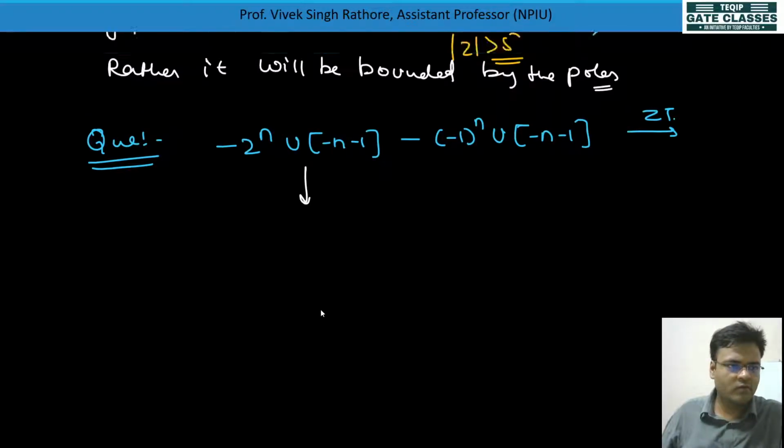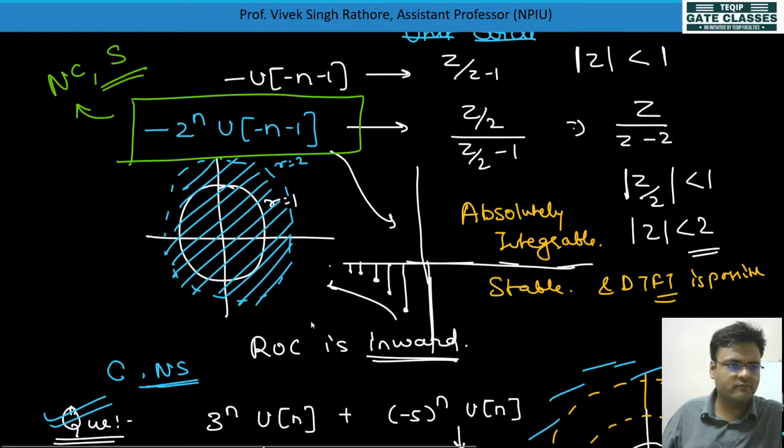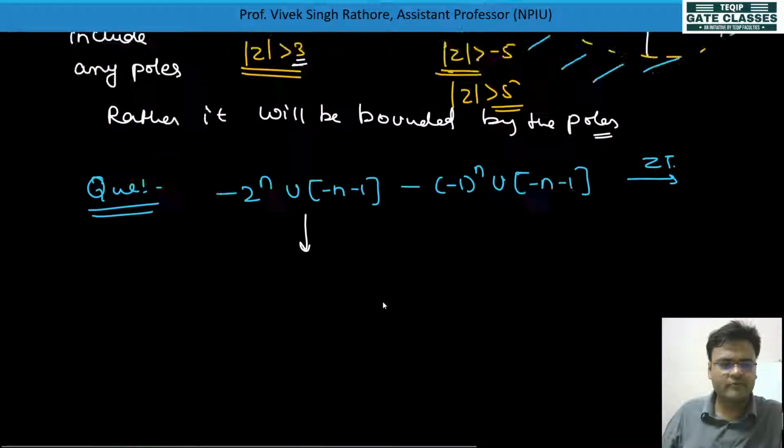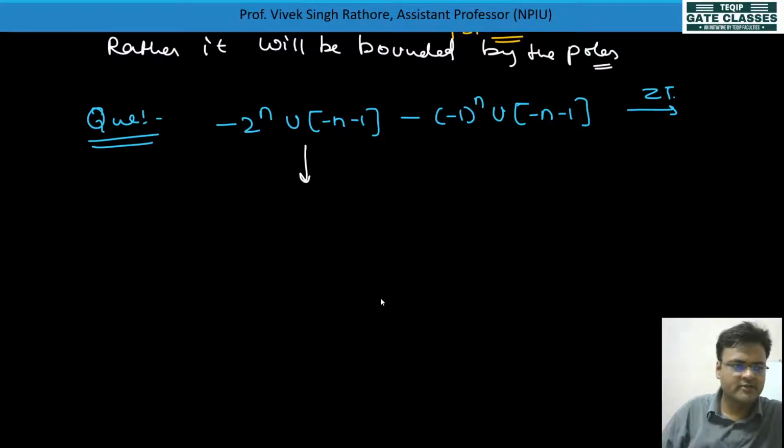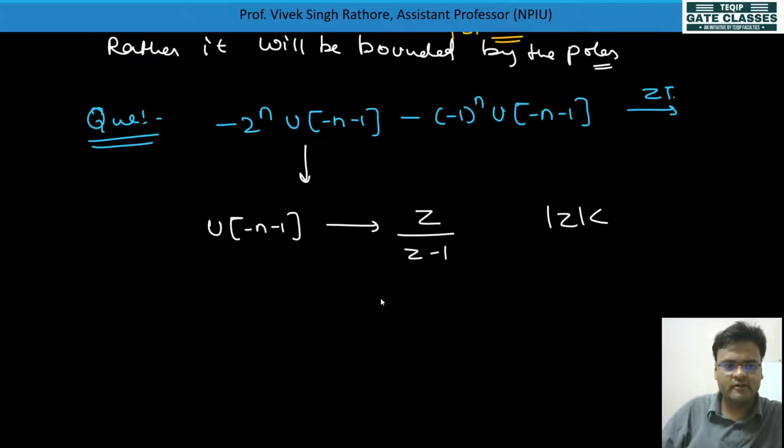You know the z transform of u[-n-1] is z by z minus 1, with ROC |z| less than 1.